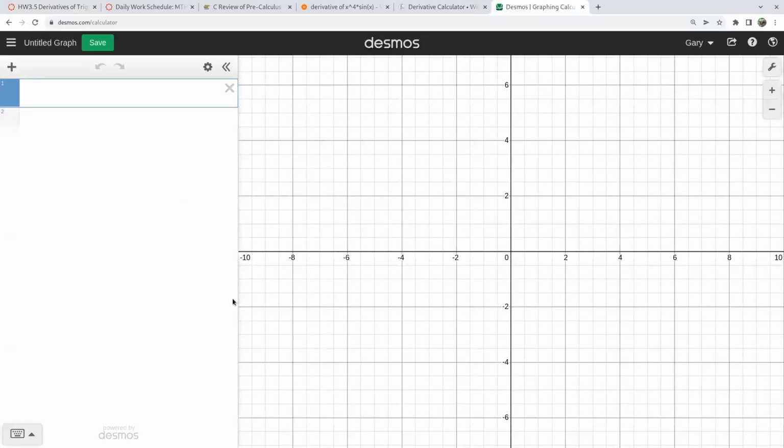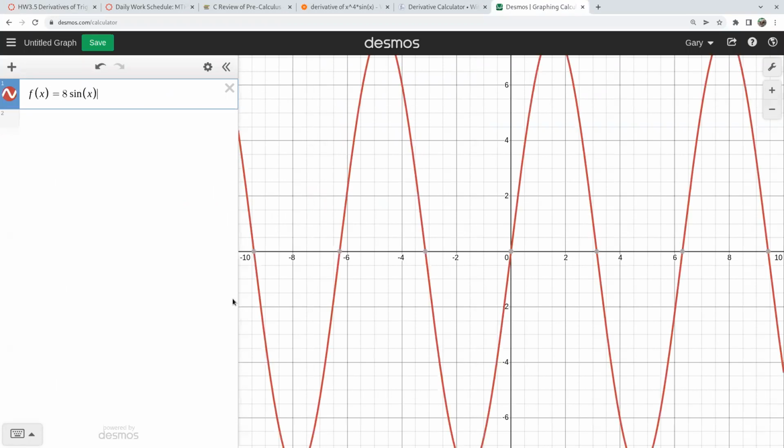So my original function, f of x, is 8 times the sine of x, right there. And I'm curious about the point pi/6, f of pi/6, which is right there when y equals 4. And I want that tangent line.